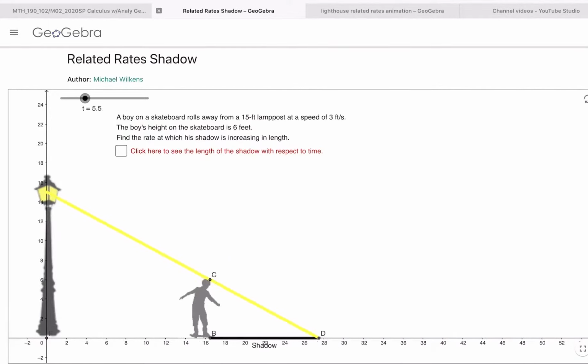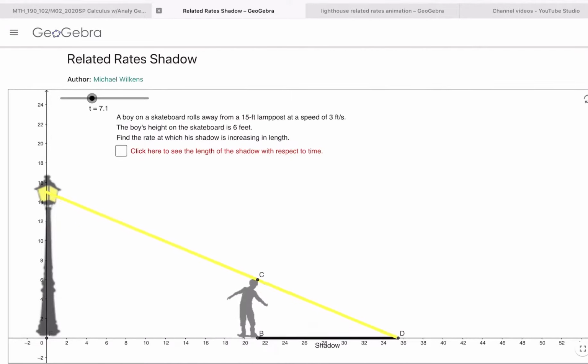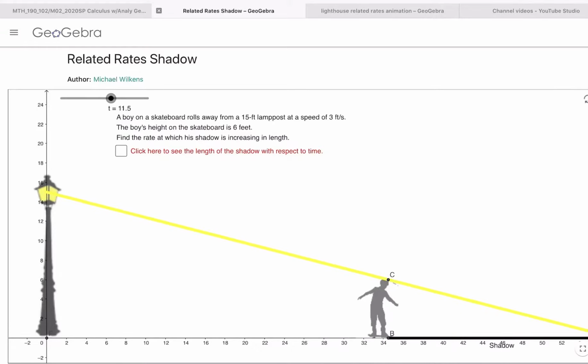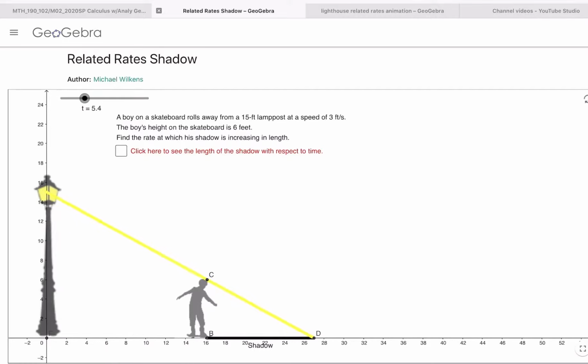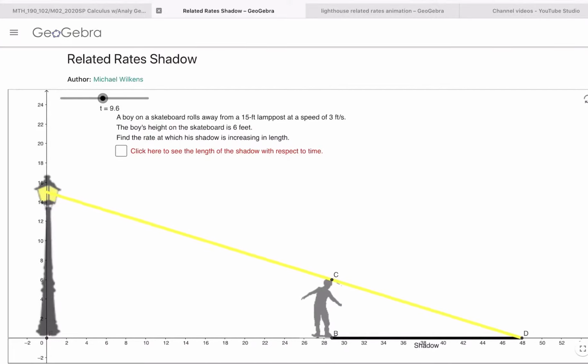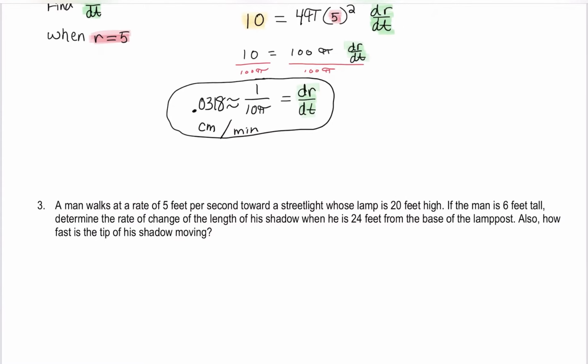If we focus on point D itself, as I move further off to the right, it seems to move quicker than when I'm closer here to the left. So we'll see what we come up with in our calculus. All right, let's go back and take a peek at what we got here.